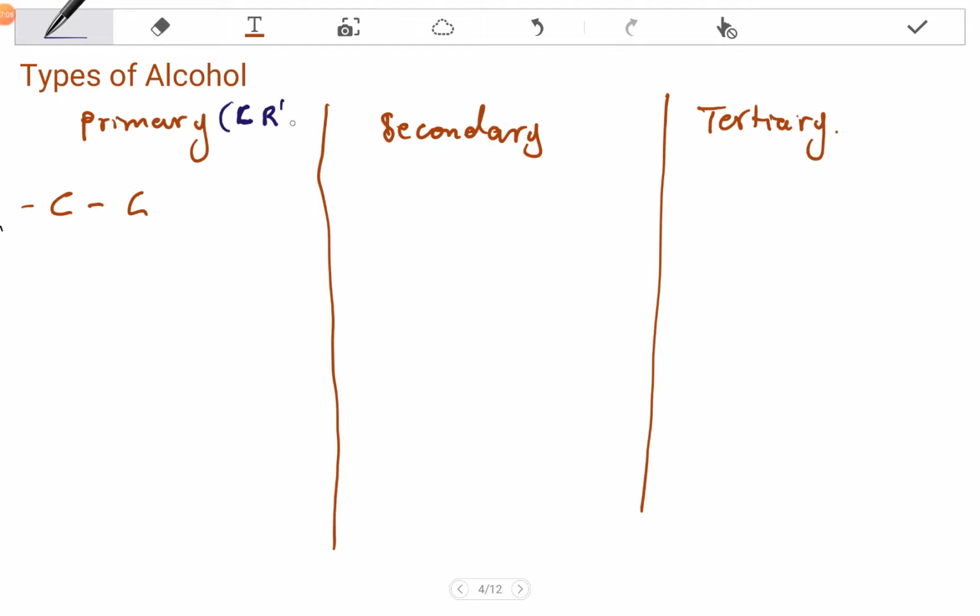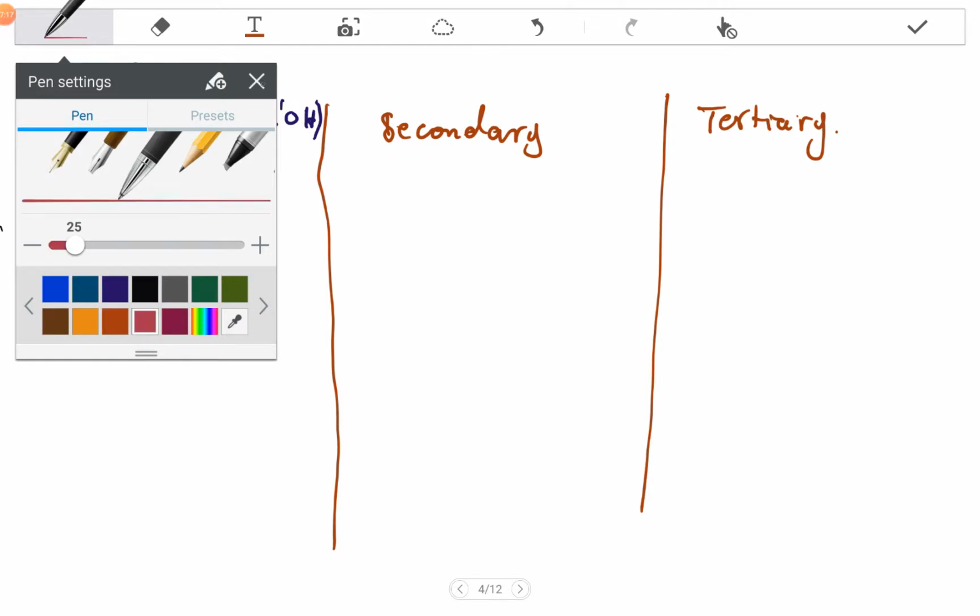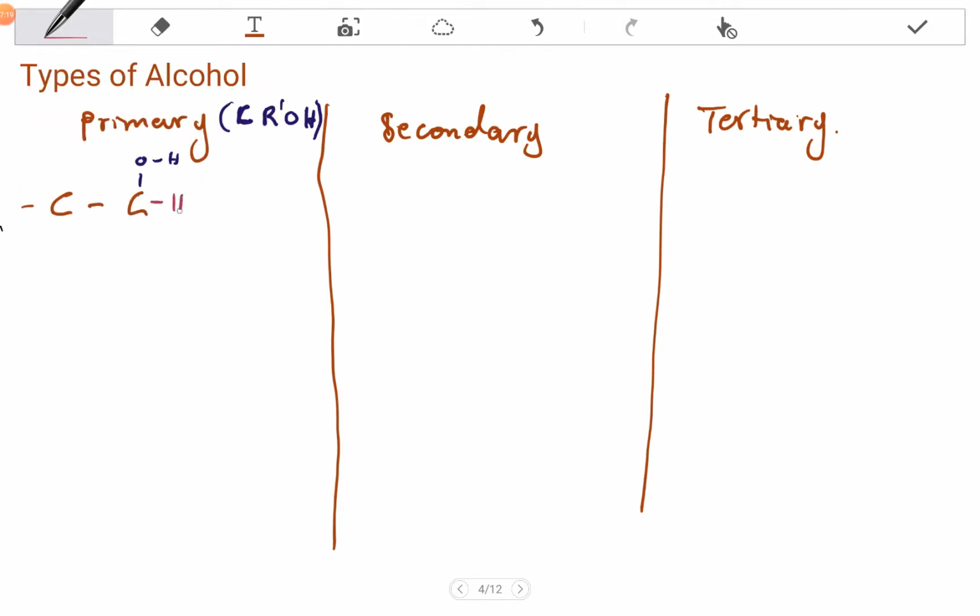So it's going to be R'CH2OH. This is the carbon that has the functional group. It's attached to another carbon. So this is an example of primary alcohol, because the functional group, which is this one, is attached to one carbon, which is this one carbon.